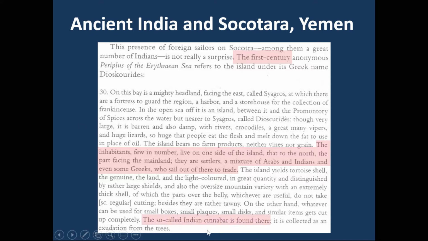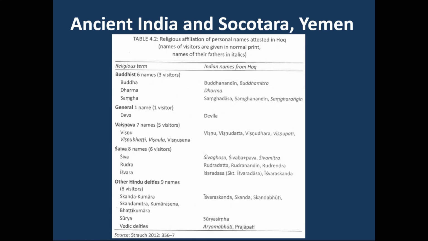It also goes on to say that the so-called Indian cinnabar is found here. So you can see here that the island was known to the Greek historians, as this document is coming from the Greek historians.